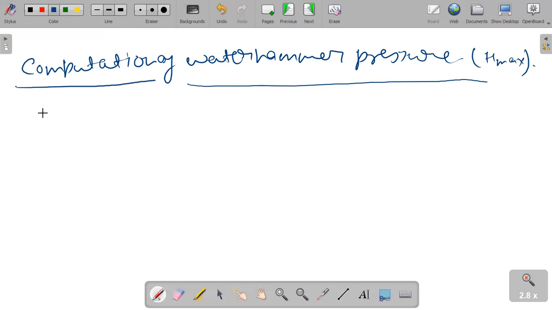For H max, we have the formula H max = C V0 / g, where C is the velocity of pressure wave.